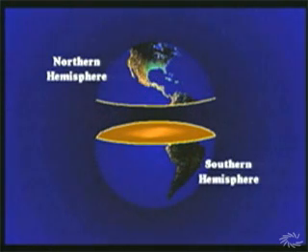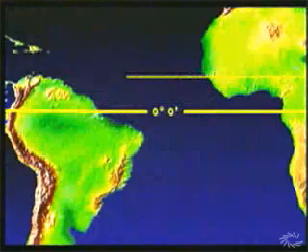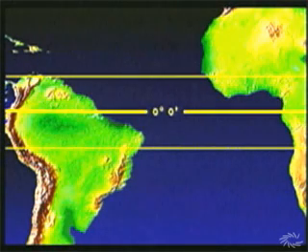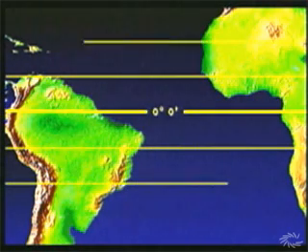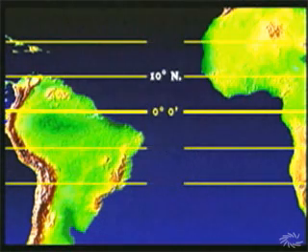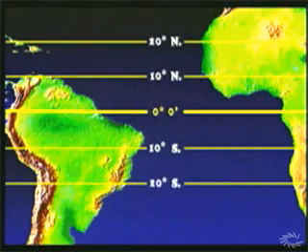Our word hemisphere comes from a Greek word meaning half a sphere or half a globe. For every degree of latitude in the northern hemisphere, there's a corresponding degree in the southern hemisphere. To distinguish between them, we say a place is located at so many degrees north or so many degrees south.